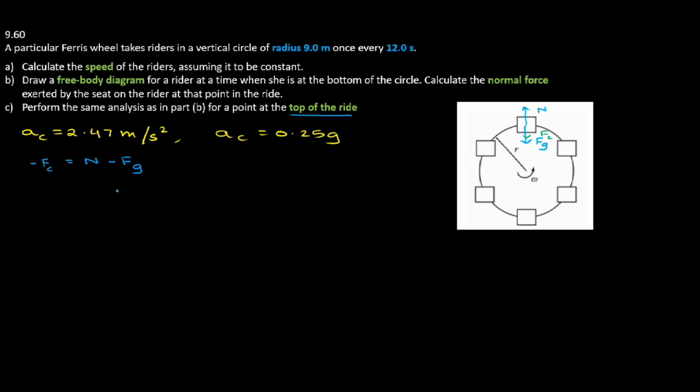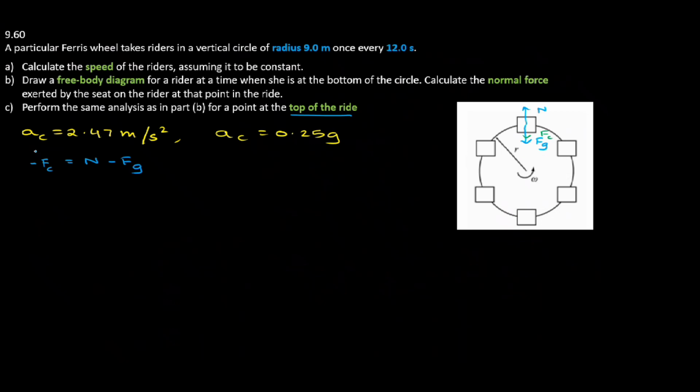Again, N is positive because it is acting up, Fg is acting down. The centripetal force in both cases is given as a difference between the normal force and the force due to gravity. The only difference here is on the top, Fc is acting in the same direction as Fg.